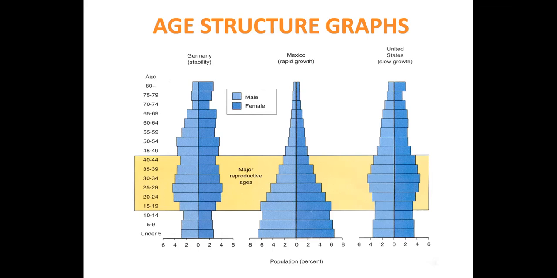It is wider, broader, right? So therefore, rapid growth. And then this one in the United States actually shows a slower growth because we said that this would be true of the reverse. So if you were to look at one of these graphs, you need to be able to determine whether it is stable, growing rapidly, or growing at a slower rate.